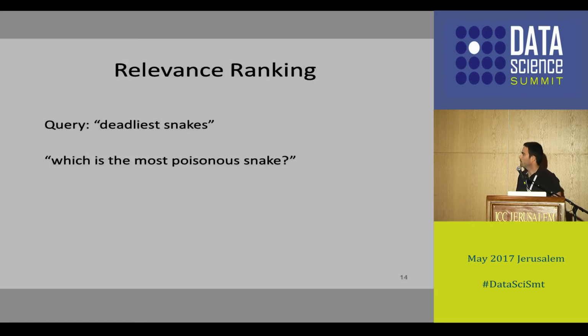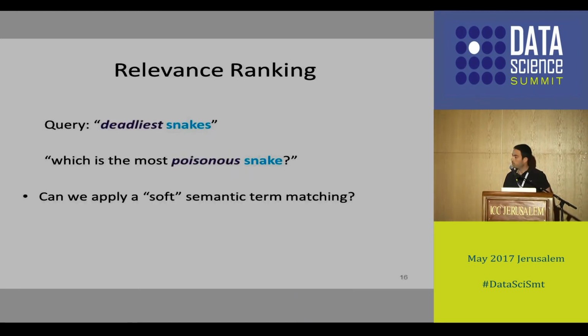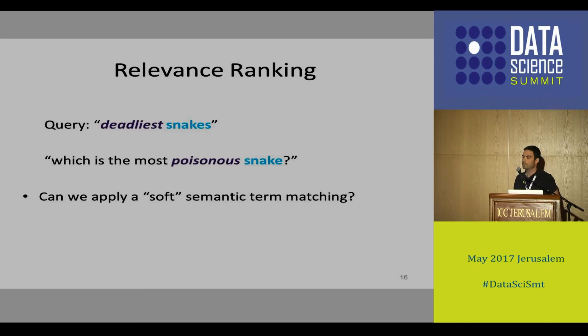So here is another example. For the query "deadliest snake" and the question title "which is the most poisonous snake?", what can our model say about this query and document pair? The terms "snake" and "snakes" are a match. But what about the terms "deadliest" or "poisonous"? It's not a lexical match, but we know there is a semantic relatedness between them. So can we apply some soft term matching method to utilize this?